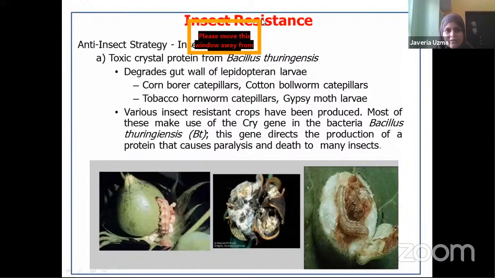This type of insect resistance was introduced in corn, in cotton, in tobacco, and in other plant species. So these use the cry gene, which is present in Bacillus thuringiensis. This cry gene is inserted into plants, which produce a protein that causes paralysis and death of many insects. So this is the mechanism.